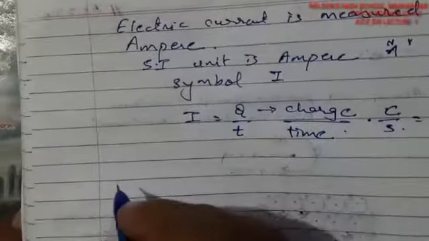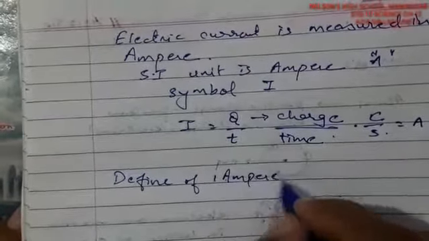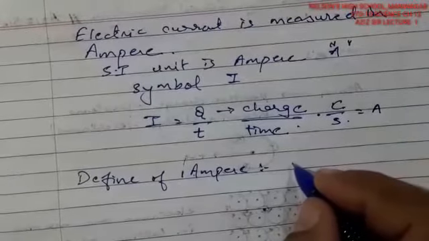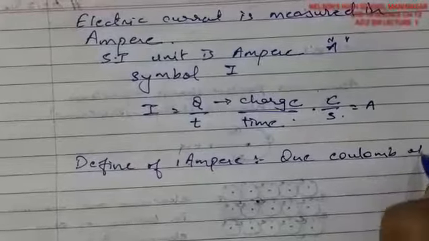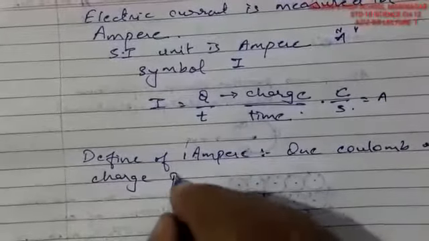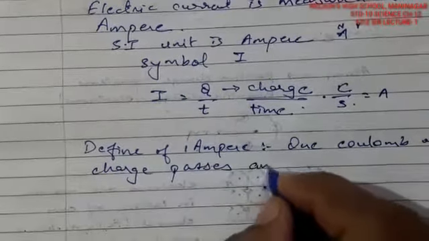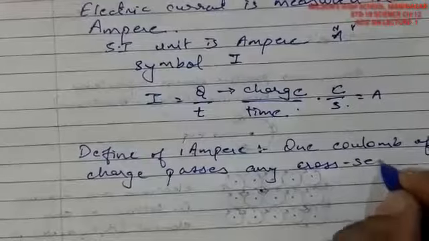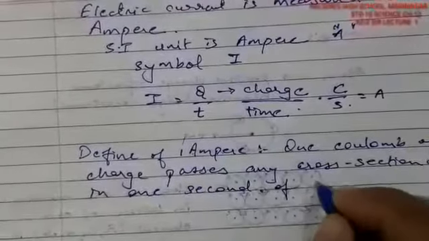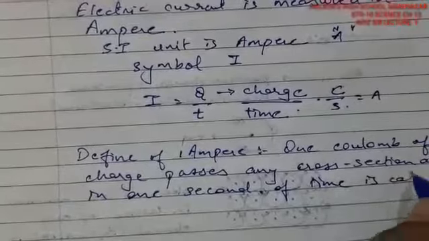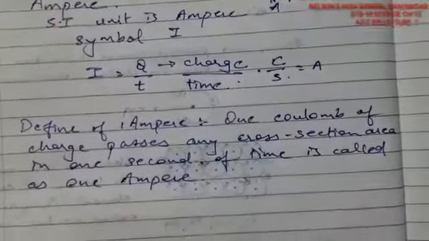So what is the definition of 1 ampere? 1 coulomb of charge passing through any cross-sectional area in 1 second of time is called 1 ampere.